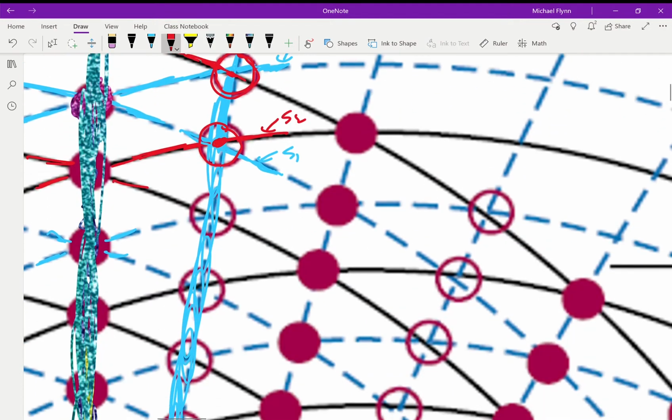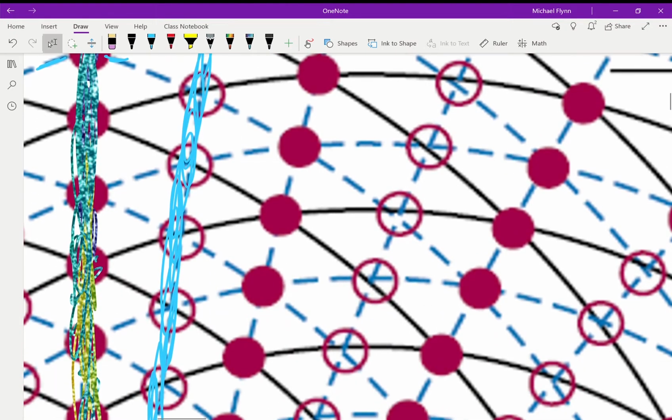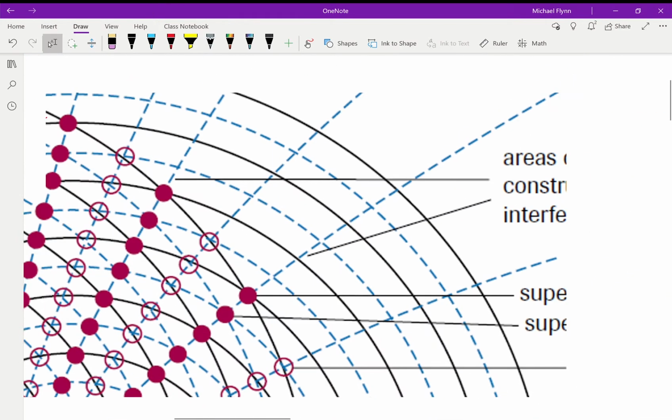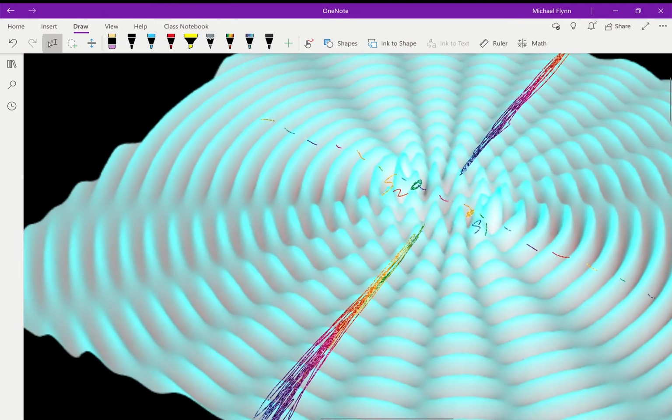Now, when you go all the way down this line, what we're going to find is you always get destructive interference. Every circle is an area where a crest is meeting a trough. It's always destructive interference. So how come? What's the deal? Now I'm going to show you that over here.